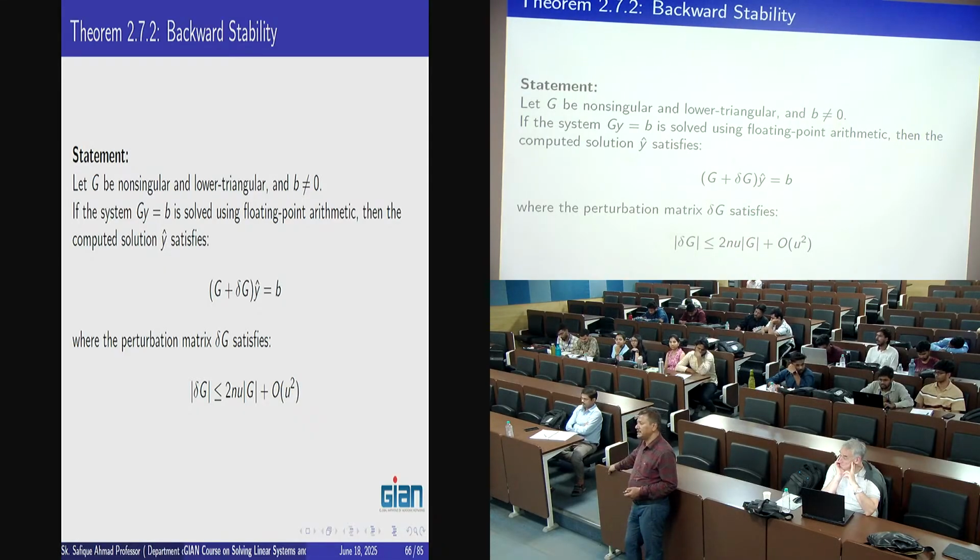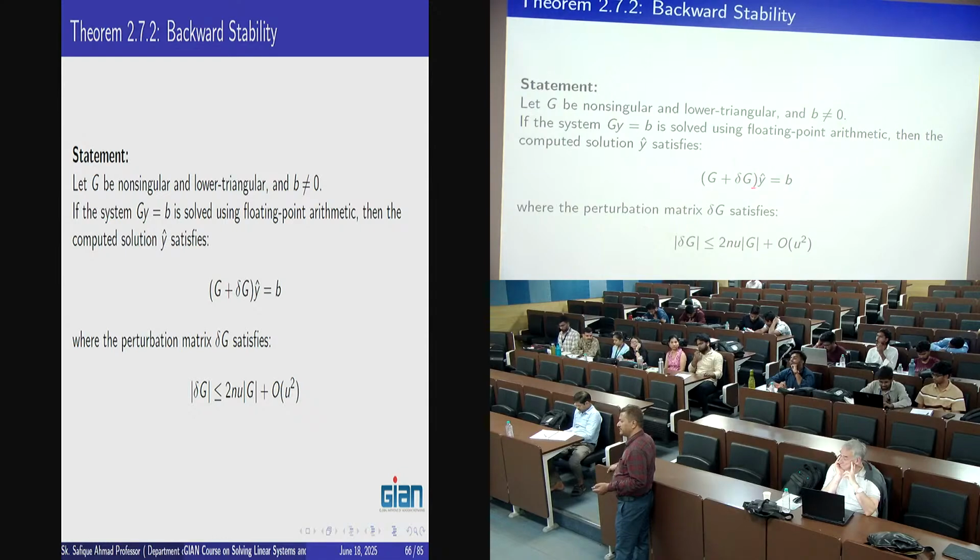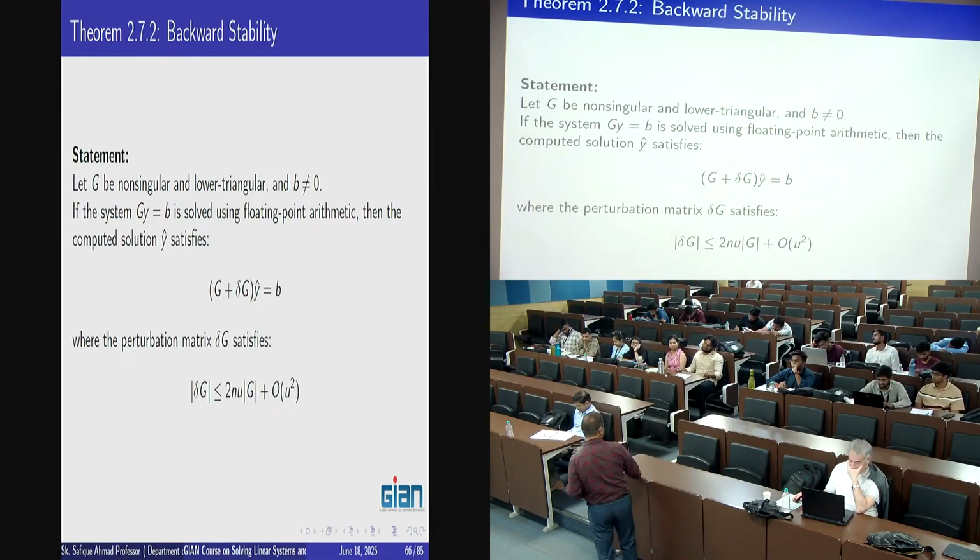Similarly, this is for the lower triangular matrix, and if you have an upper triangular matrix, it is the same: delta U and Uy equal to b, where delta U satisfies this term. So instead of lower triangular, you can have upper triangular. Understood my point?